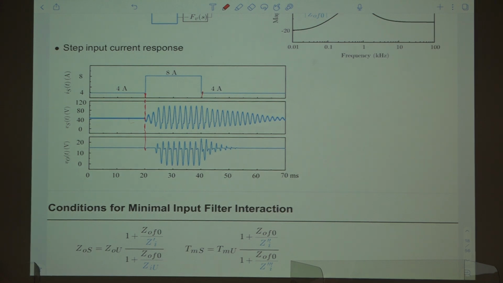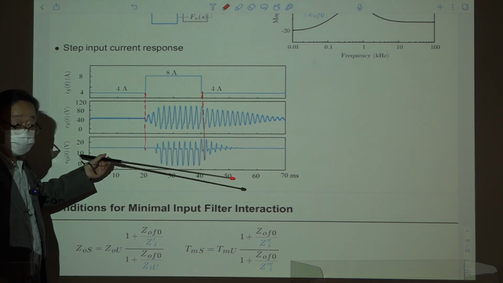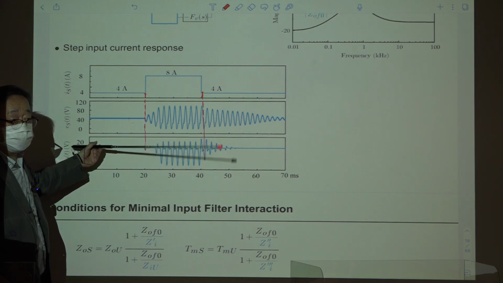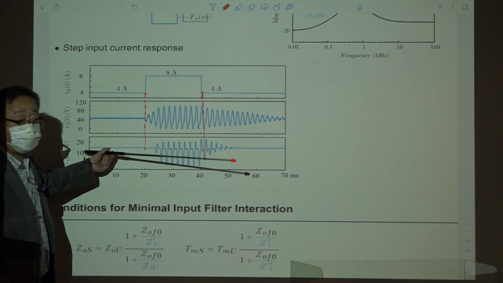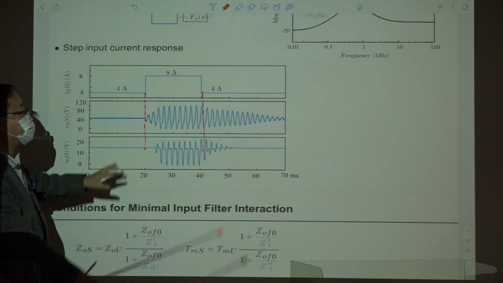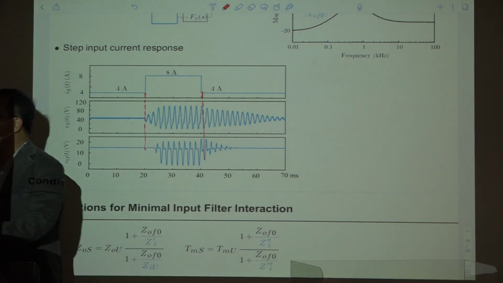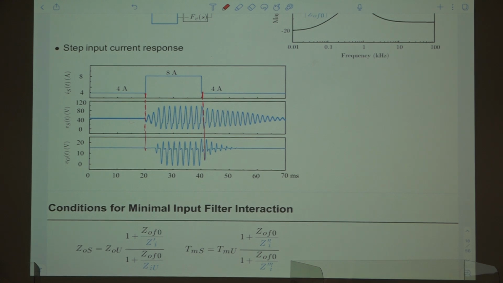And when this returns to the original value, the oscillation starts decreasing, and eventually it becomes stable. So it happens, right? If they design the filter without considering this problem, they'll see this trouble a lot, okay?